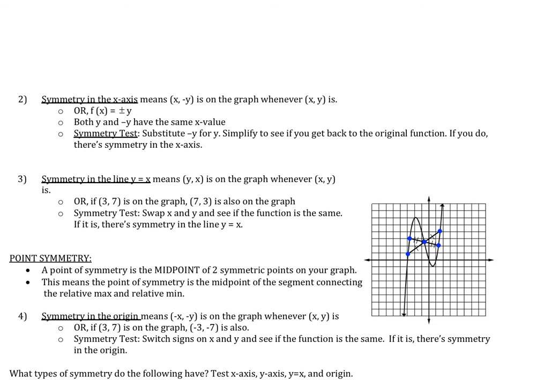To test for symmetry on that, we're going to swap the x and y positions in our function. I plug in y for x and x for y and simplify. If it simplifies to the same exact function as we had in the beginning, then it has symmetry in y equals x. So that is all line symmetry.